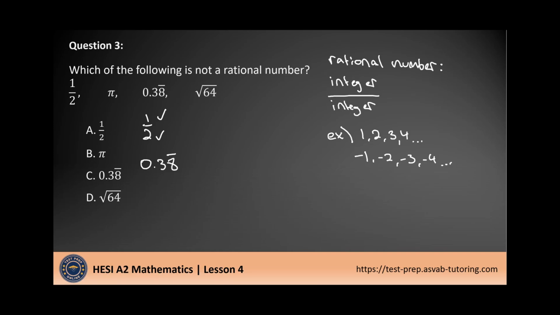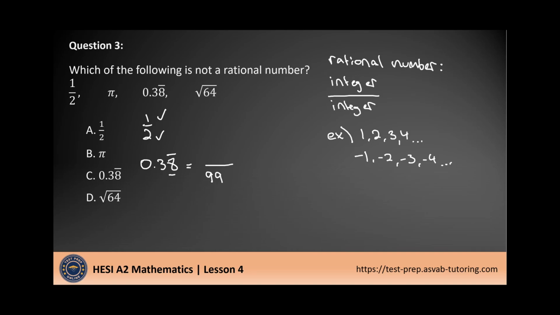0.38 repeating is a little tricky, but we have this trick here. Whenever we have a number repeating in a decimal place, what we're going to do is identify what place this is. This is the hundredths place. So we're going to make a 99 here.